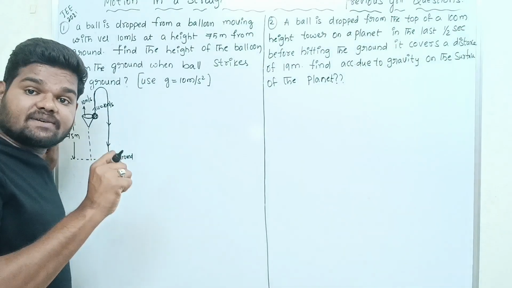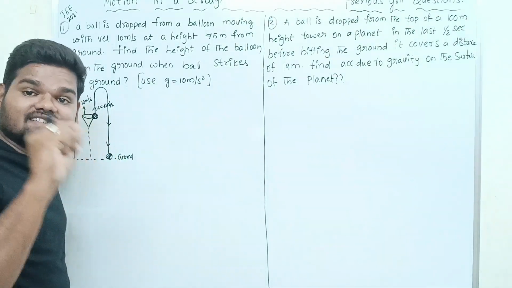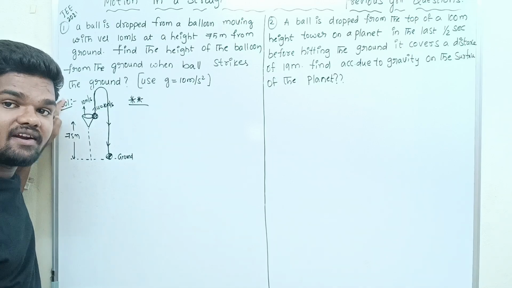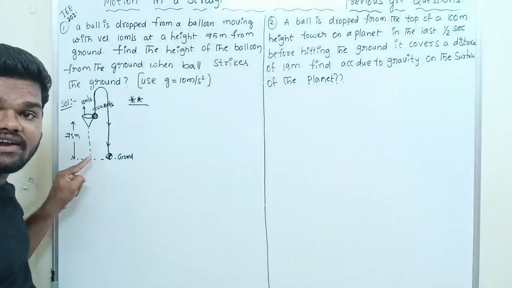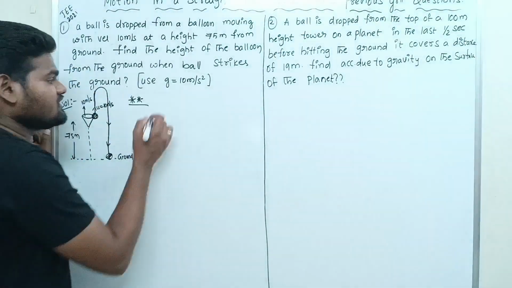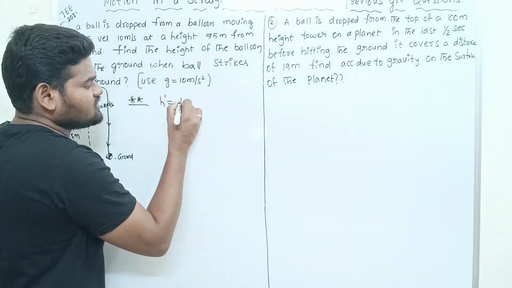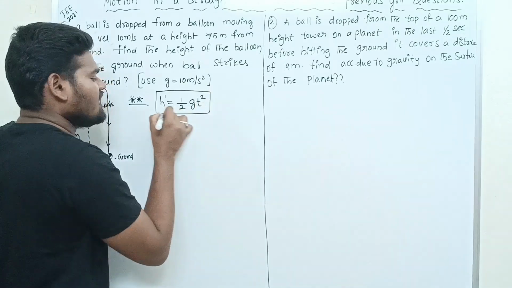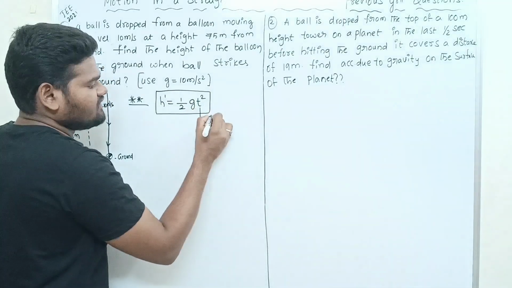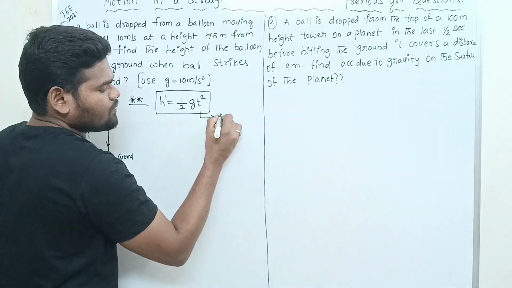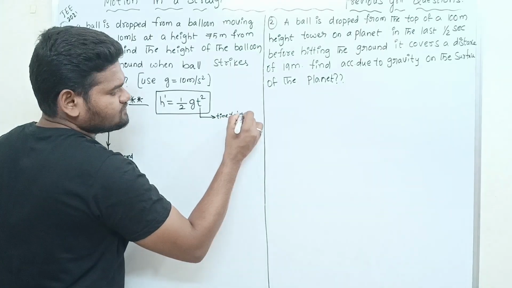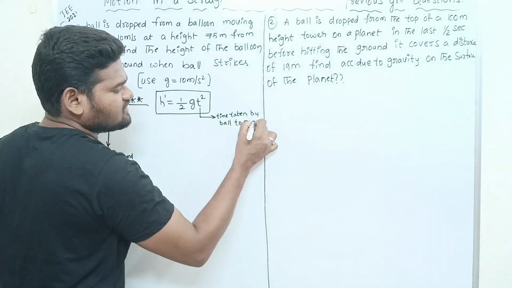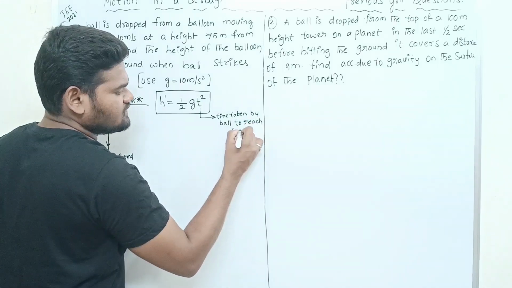For this concept, I told you a shortcut in lecture number 10. The height of the balloon from the ground when the ball hits the ground is H dash equals half g t square, where t is the time taken by the ball to reach the ground.